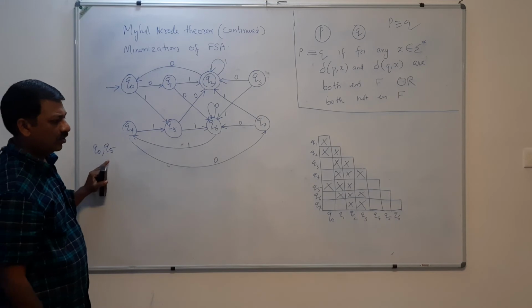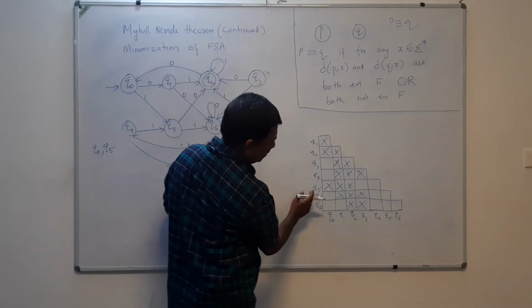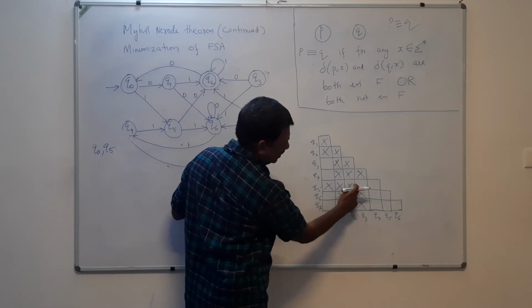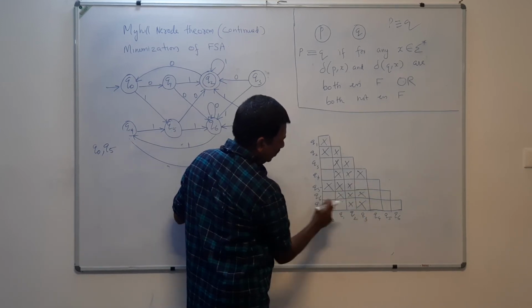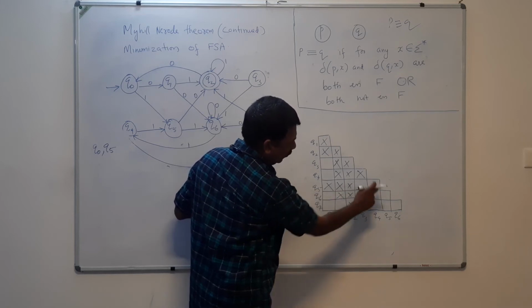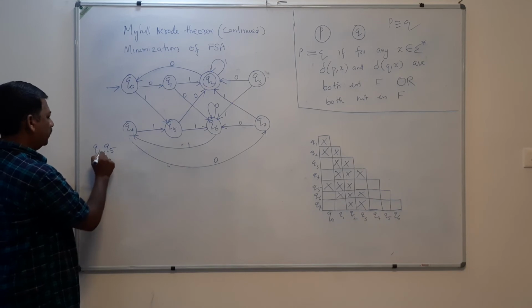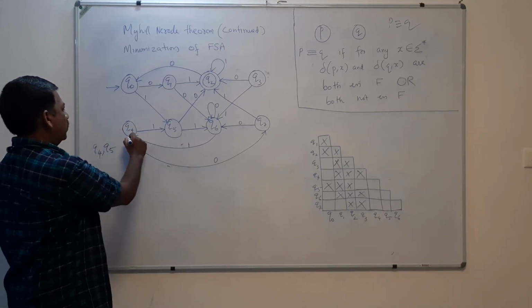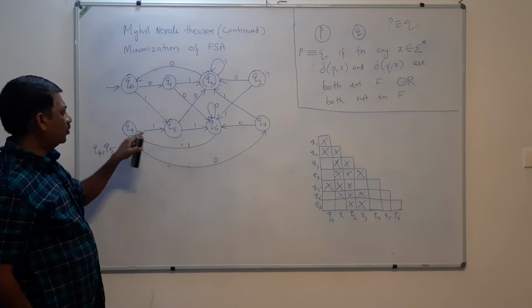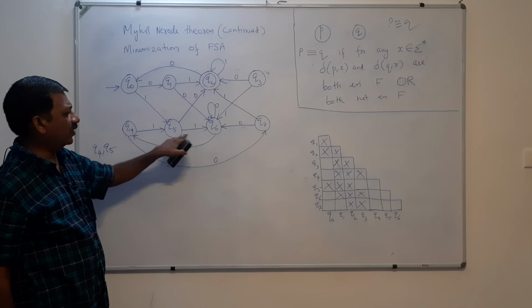Q0, Q5. Then the next entry corresponding to this, we are not in a position to fill right now. What about Q5 and Q4? Q4 on 1 is Q5 and Q5 on 1 is Q6.